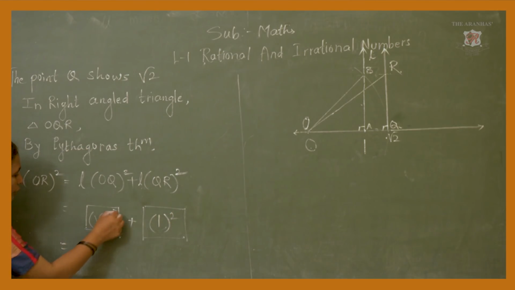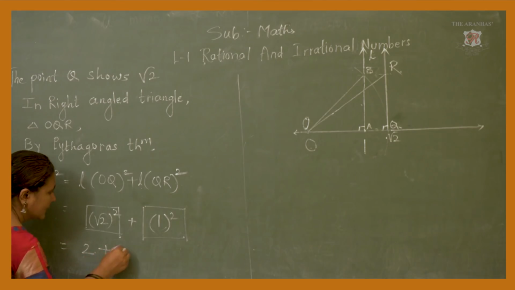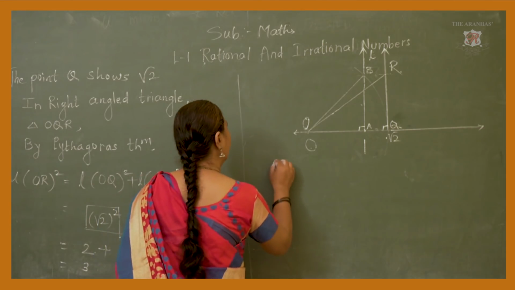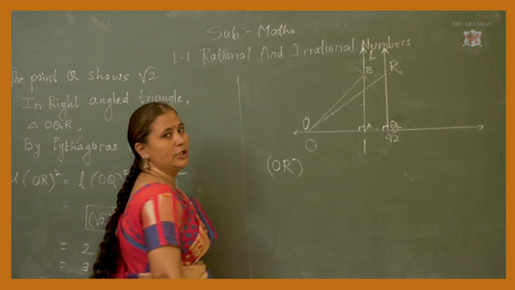Now, root 2 square is equal to 2, because the square root and square get cancelled. So, we are getting the number 2, plus 1 square, 1. So, here 2 plus 1 we are getting 3. So, OR square is equal to 3, but we want the answer OR.